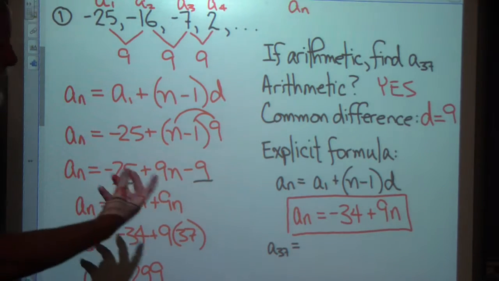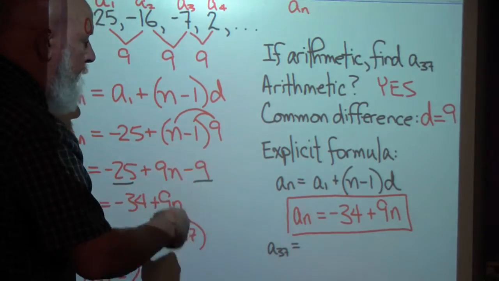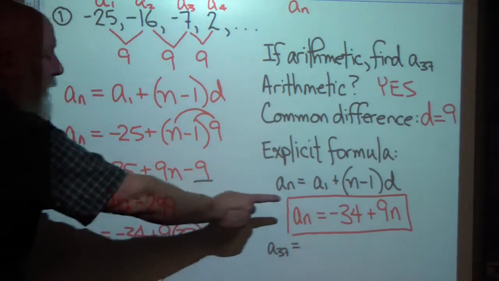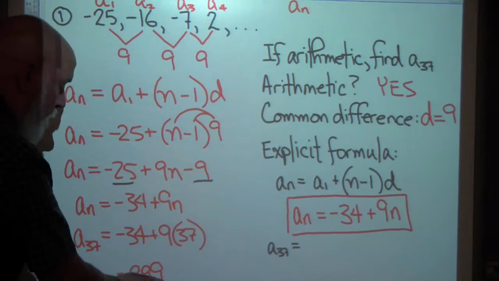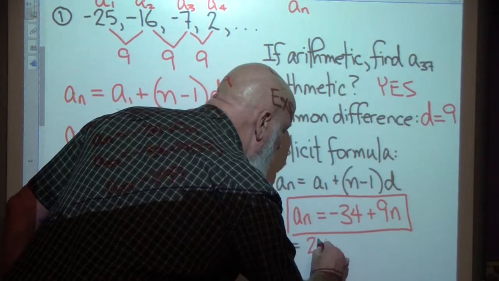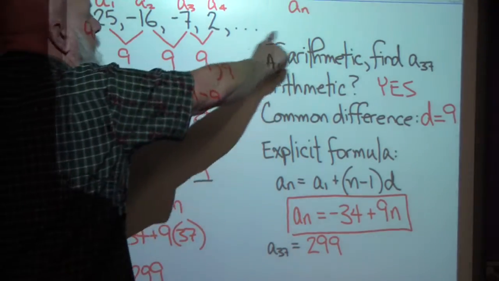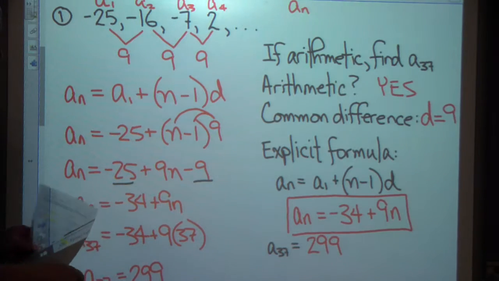Then to find any term, the nth term, the 50th term, the 100th term, whatever term you're looking for, you just plug it into the explicit formula, and if you do your arithmetic correctly, that will give you your answer. The 37th term in this sequence, if we keep adding 9, will be 299.